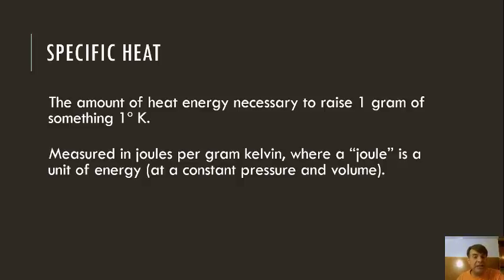It's actually related to calories. Anyway, not important right now. And when you say per gram Kelvin, that means that gram and Kelvin are multiplied by each other on the bottom. So if you have a fraction, grams and kelvins are on the bottom and joules are on the top. And I added at a constant pressure and volume because those can change the dynamics of how the heat rises. Well, that's it.